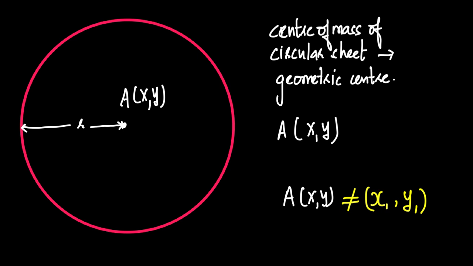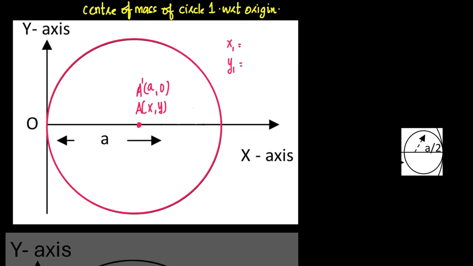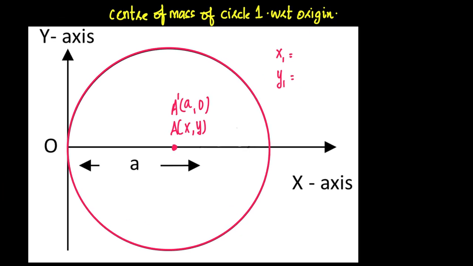Because A(x, y) is the center of mass of the circular sheet, but x1, y1 is the coordinates of center of mass with respect to a origin. And when we consider center of mass of circle 1, A(x, y), with respect to the origin, what we get is the coordinates of point A dash, which is a, 0, which represents x1, y1.